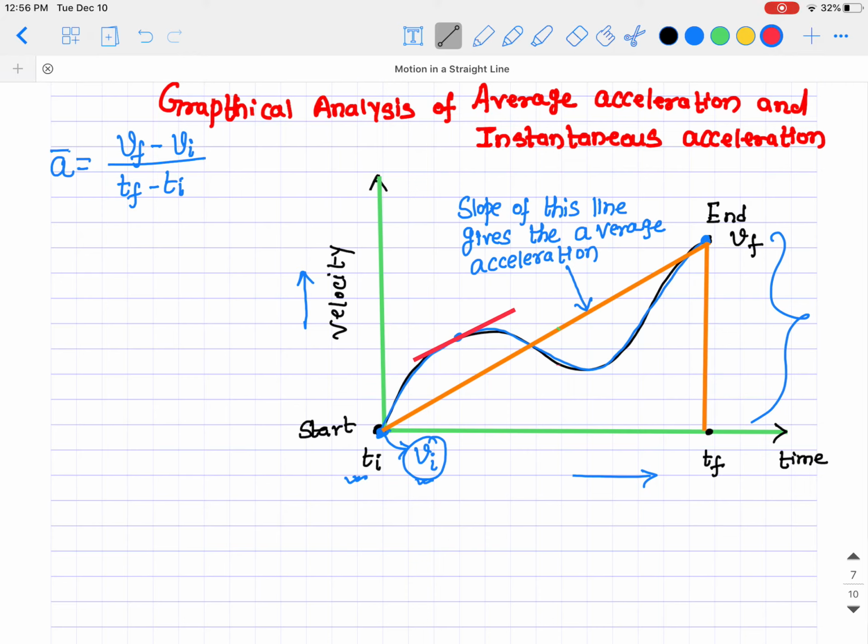Similarly, if I draw a tangent at this point, then the slope of these lines gives you the instantaneous acceleration.